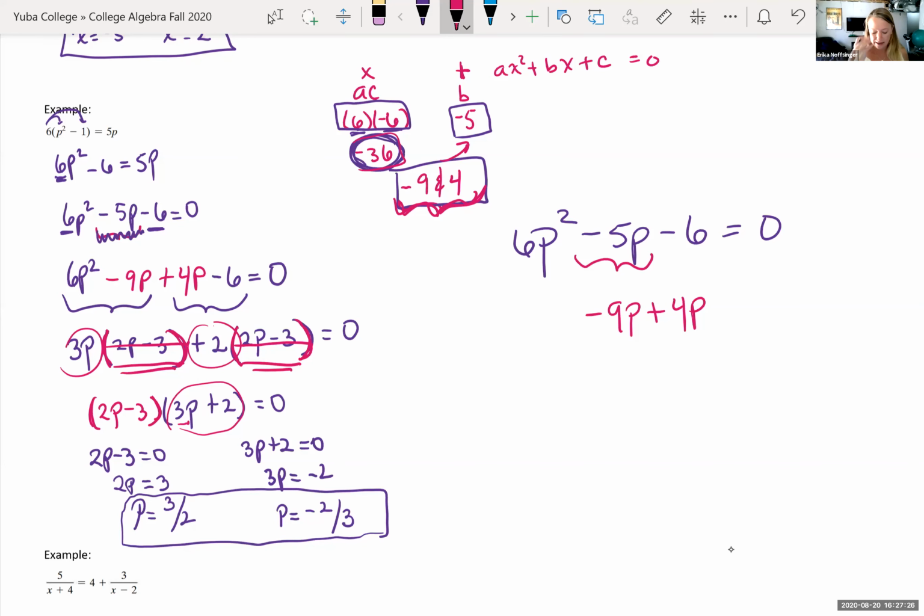A lot of times in mathematics we manipulate things. We multiply things by a fancy 1, or we multiply both sides of an equation to get rid of denominators. So we're just going to manipulate this problem, rewriting the middle term with the two numbers we found in the variable we're using.